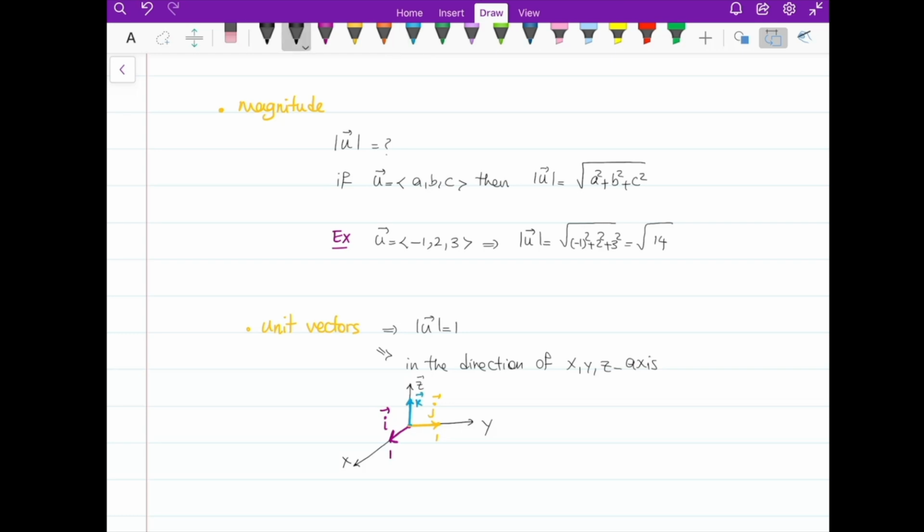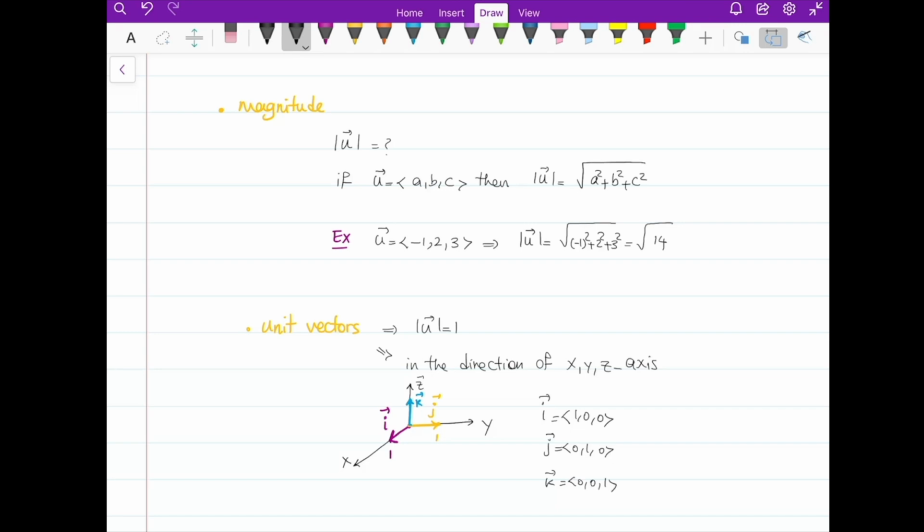So the unit vector i has the components 1, 0, 0. j has the components 0, 1, 0. And k has the components 0, 0, 1.